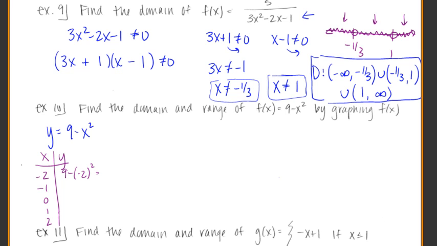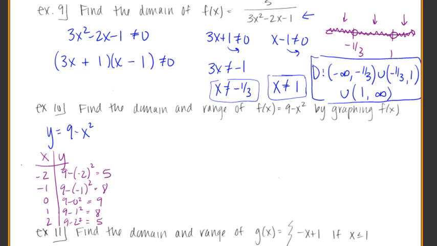So 9 minus 4, which is 5. 9 minus a negative 1 squared. So 9 minus 1 is 8. 9 minus 0 squared is 9. 9 minus 1 squared is an 8. And then 9 minus 2 squared, running out of room here, but it's 5.